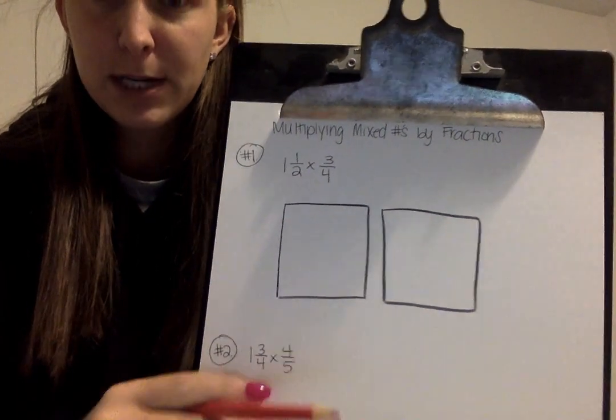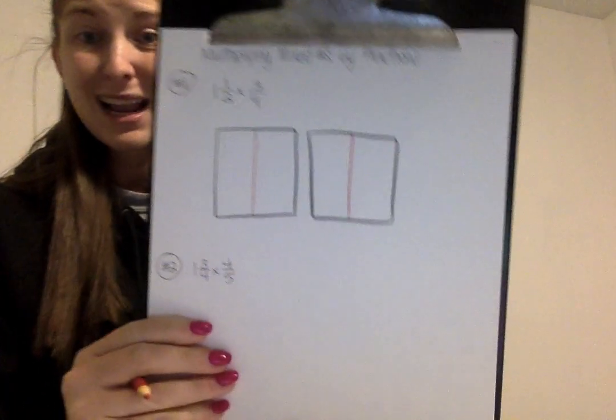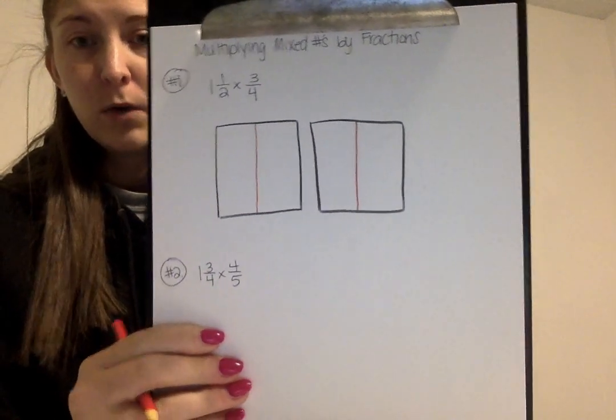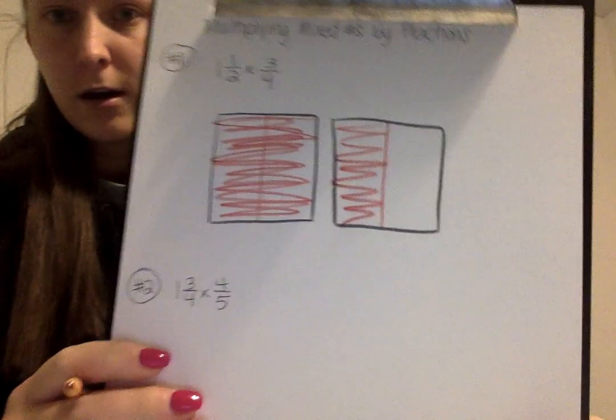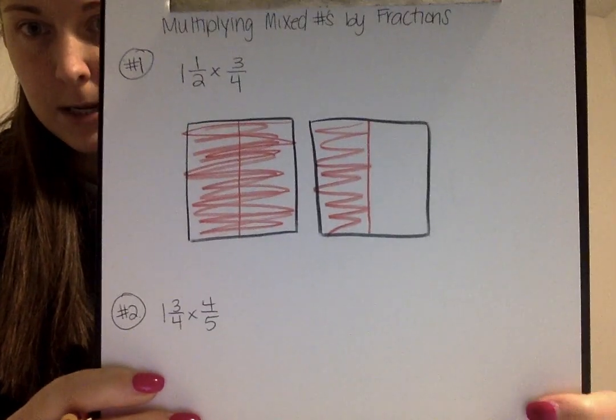So I have to take my rectangles and I have to split them in half first, simply because I'm dealing with the mixed number 1 1/2. And I'm going to shade in to represent 1 1/2. So I'm going to shade in this entire model. And I'm going to shade in half of the other one. So that's kind of what it's going to look like.